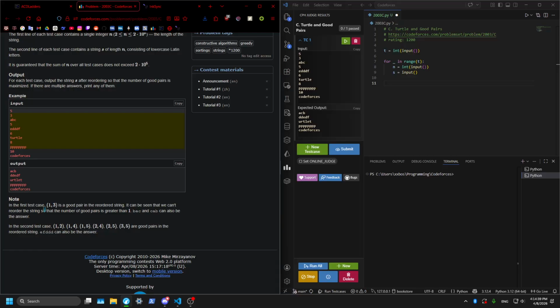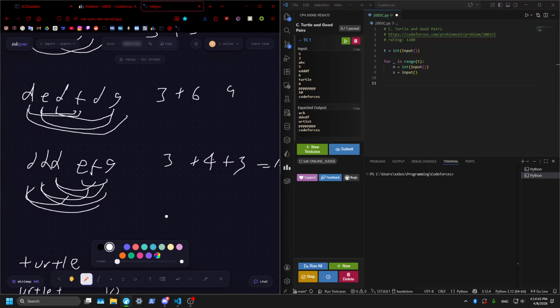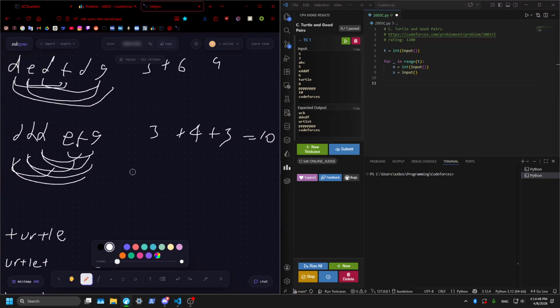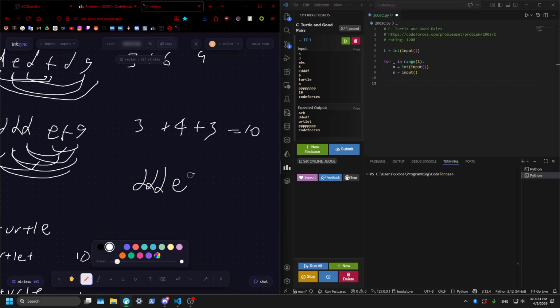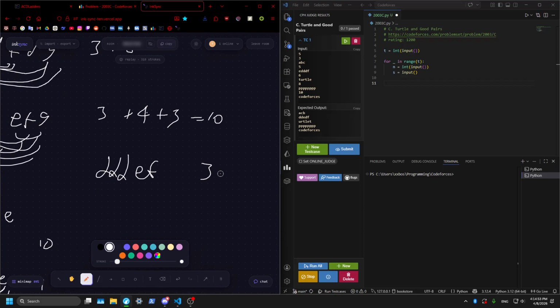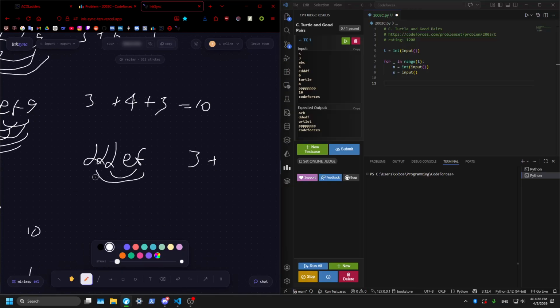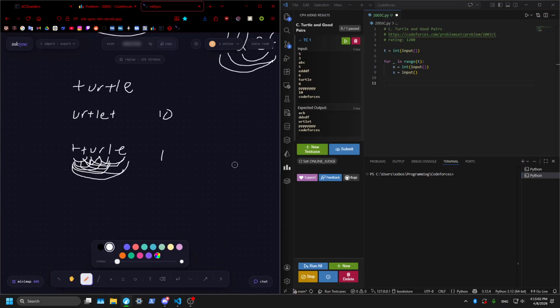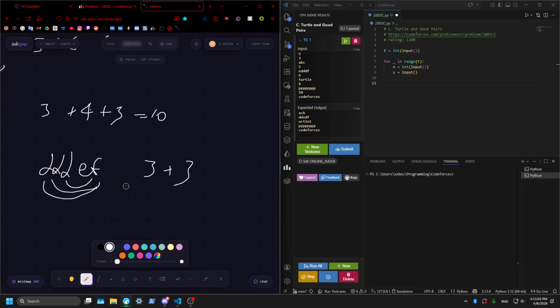In the second test case, we have 6. D, D, D, E, F is 3 plus 1, 2, 3 is 6, indeed. Codeforces is already bis. We have repeated E's in Codeforces.